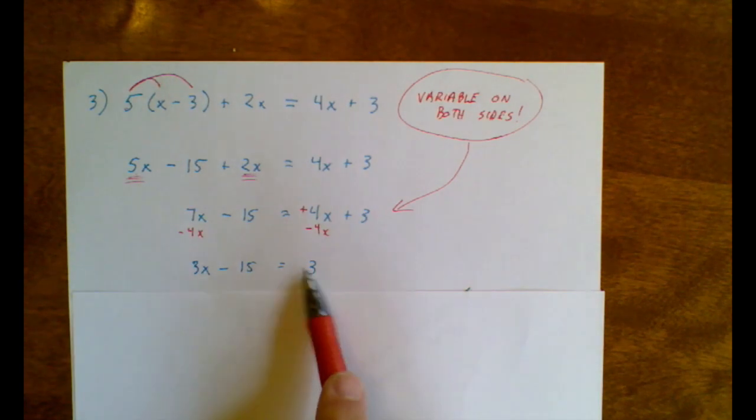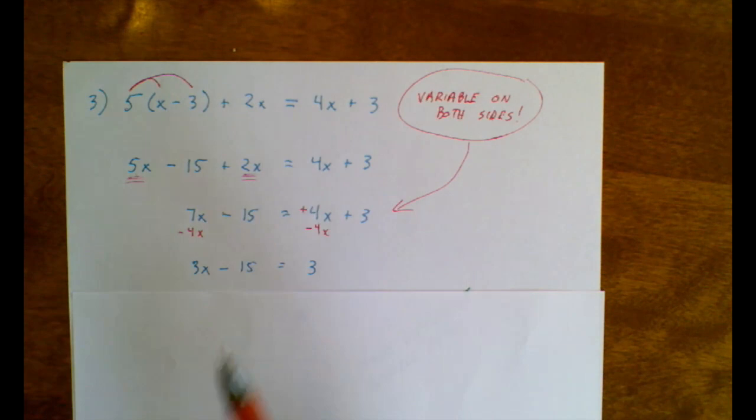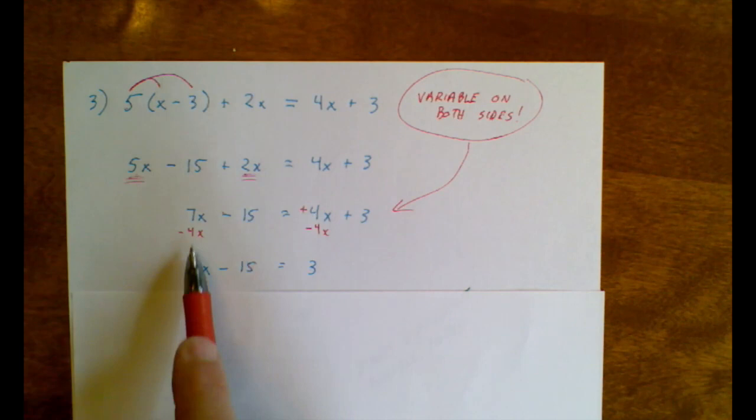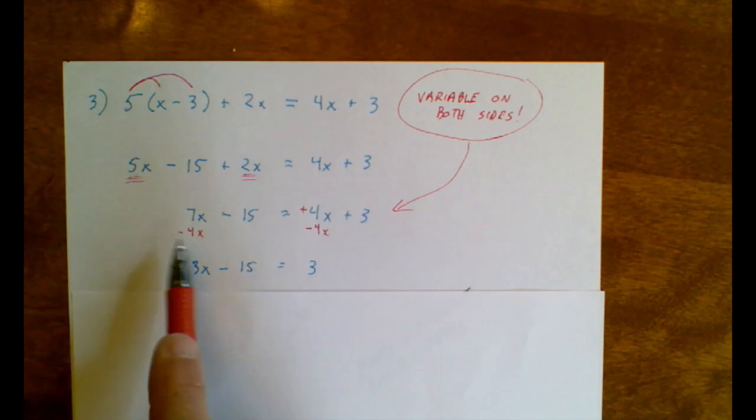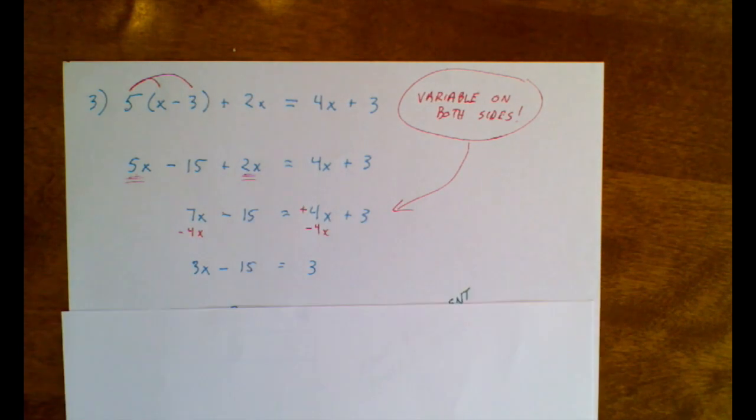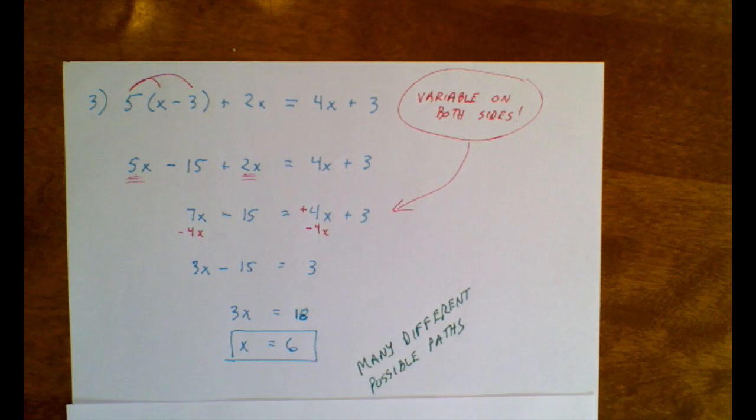Notice that the 3 stays, the minus 15 stays, the equal sign stays, everything else stays, but now I just do that move of the 4x to the other side. Now I have a simple equation, and I can solve it using just the regular steps that you're used to.